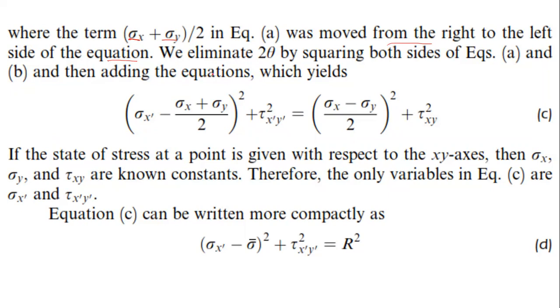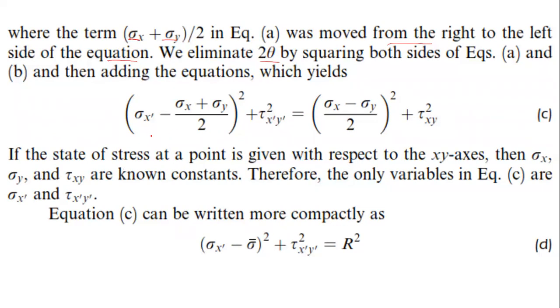We eliminate 2 theta by squaring both sides of equations A and B, and then adding the equations.